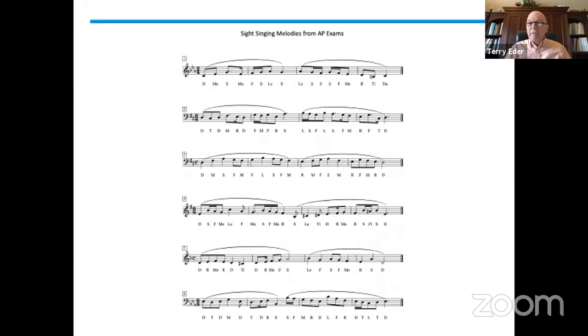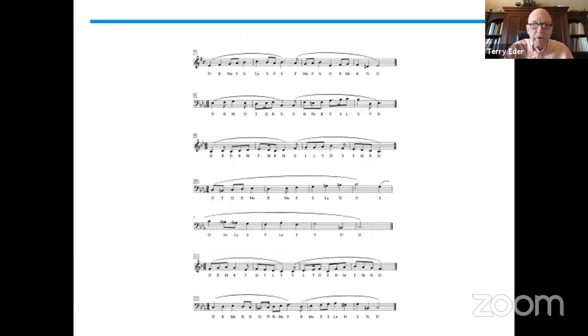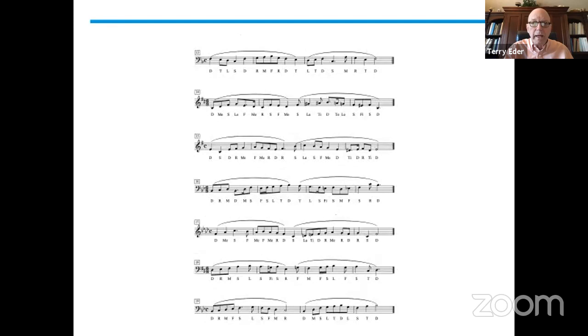So I've given you a lot of those older melodies from AP exams. I've given you, I think, 26 of them. And on this one, all of them have the solfege. So if you're using solfege in major, then it's Do, re, mi, fa, sol, la, ti, do, like number 13 at the top of this page, that's in the key of F major, right?